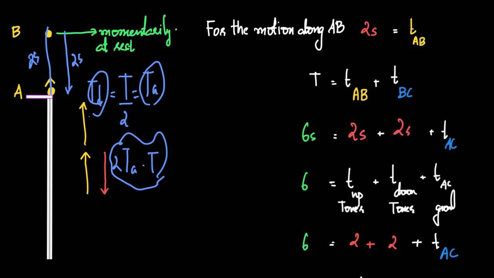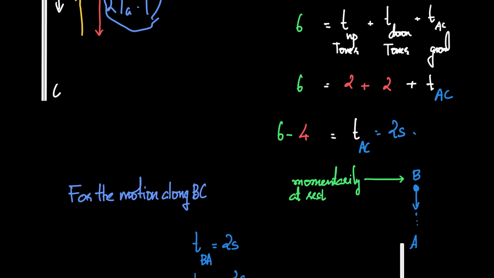A to B, B to A, and then from A to C. So A to B is 2 seconds, B to C can be written as B to A plus A to C, that is the time to reach back to the tower, which is 2 seconds, and plus AC. So 2 plus 2 is 4, 6 minus 4 is 2. Therefore, the time to cover AC, or time to reach C from A, is 2 seconds.